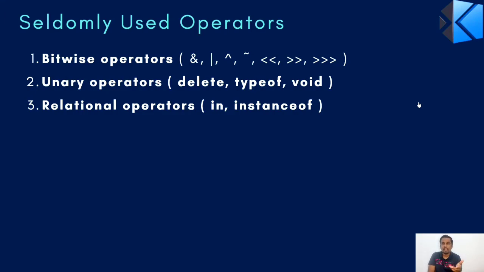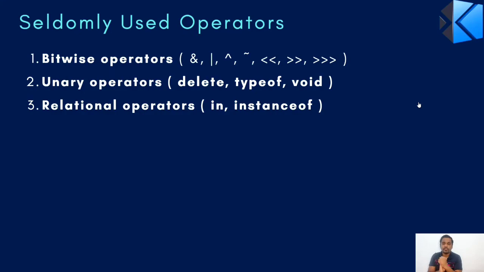Taking a simple example, 0 converted to bits would be 000, 1 would be 001, and 2 would be 010. This is how bitwise operators work, on the bits of your values. You can perform any kind of operation on this.